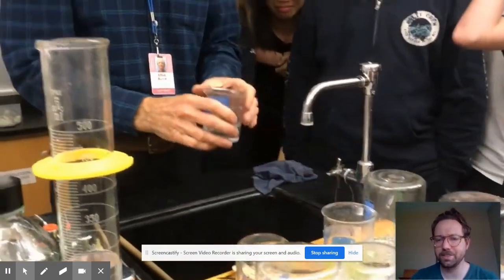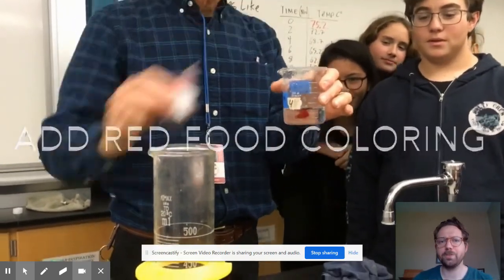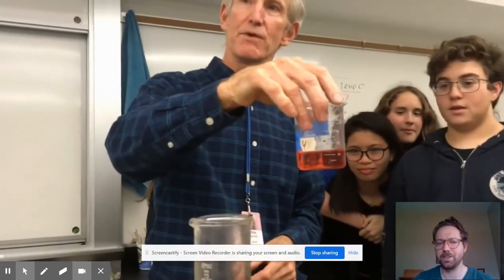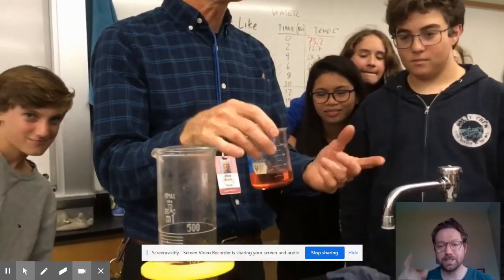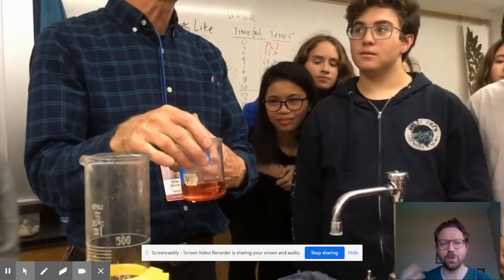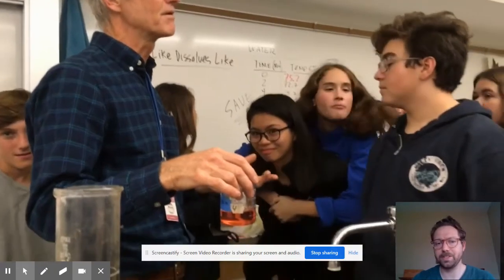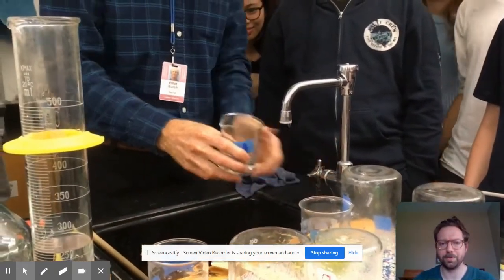Does it dissolve? Yes, it does. We see that it's dispersed that color all throughout. We're taking another food coloring, red. Do we see that it dissolves? Yes, it does. What does that tell us about the food coloring? Well, like dissolves like, right? So that means that if water's polar and the food coloring is dissolving in it, the food coloring is also polar.